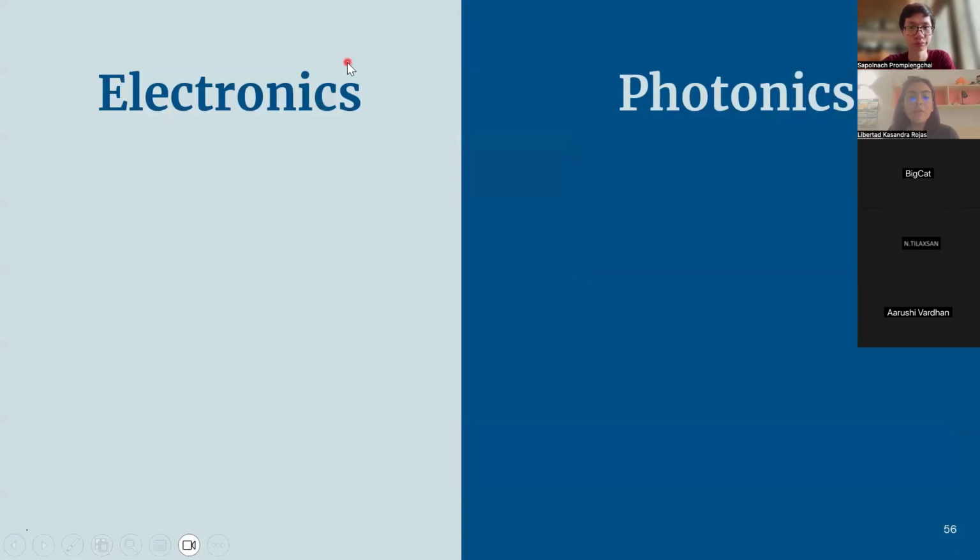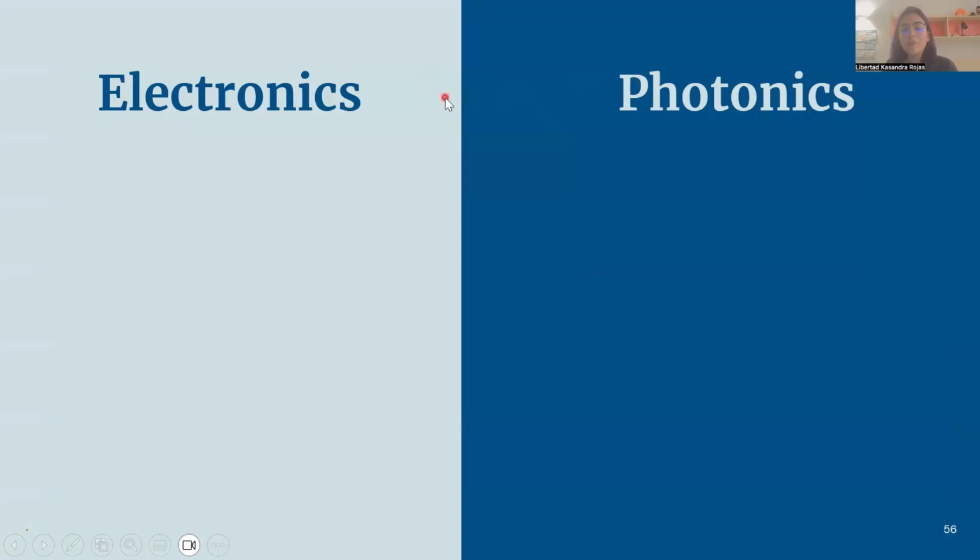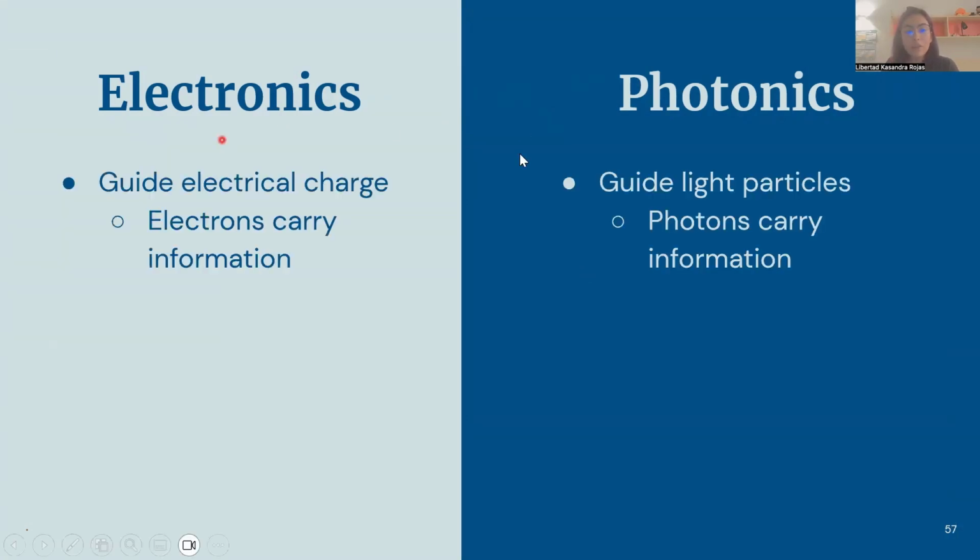Now here, I'm going to be comparing photonics to electronics. This is going to be a bit of a recap since most of the things here we've already mentioned regarding photonics, but just to make a comparison and see a bit of analogous terms. Okay, so first of all, in electronics, you guide electrical charges, right? So your electrons are your carriers of information, whereas in photonics, you guide light particles, right?